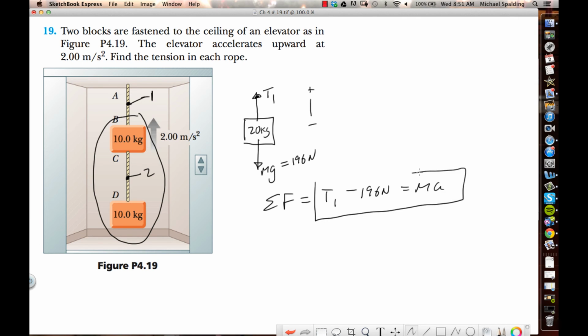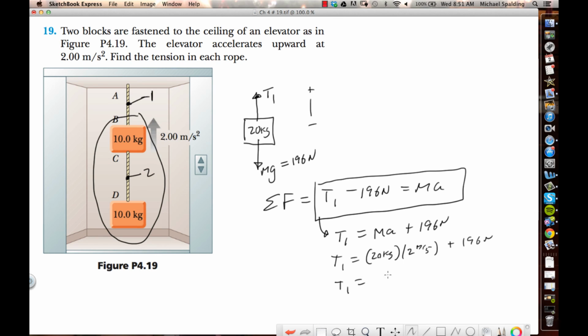There's the equation. So now you can solve for T1. It's a little bit easier, I think. So this is going to be MA plus 196 newtons. What's the M now? 20. The acceleration's 2, plus the 196. So T1 comes out as 236. Right? It's a little bit easier.